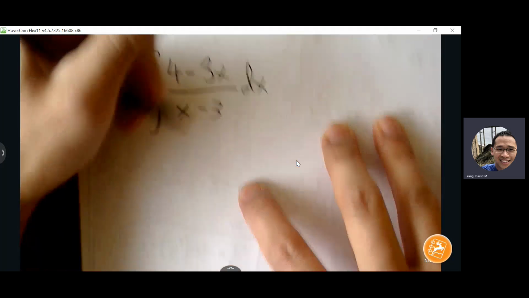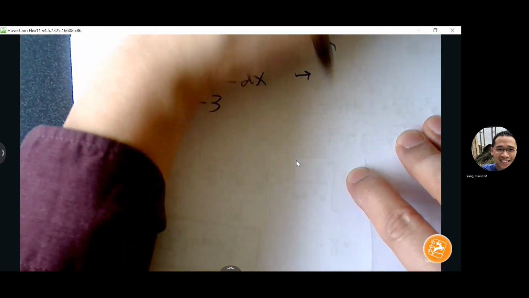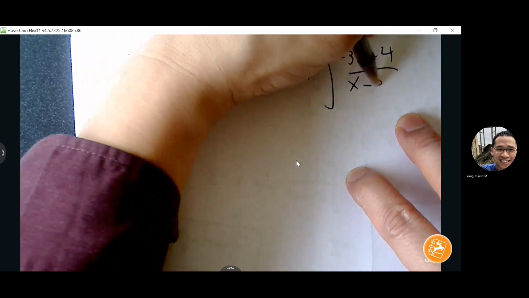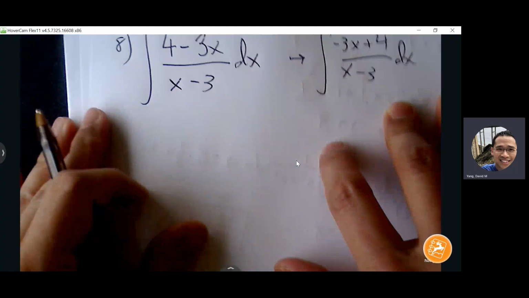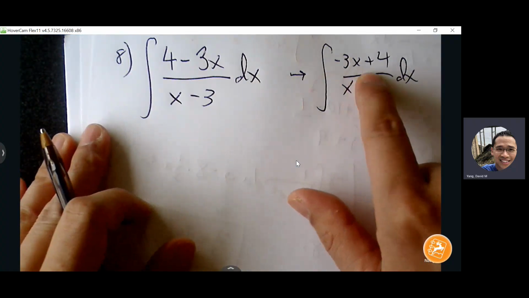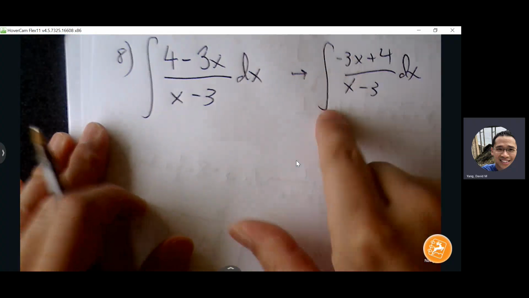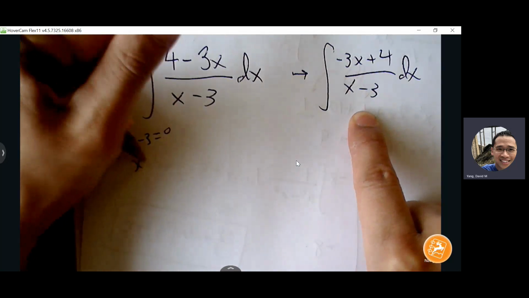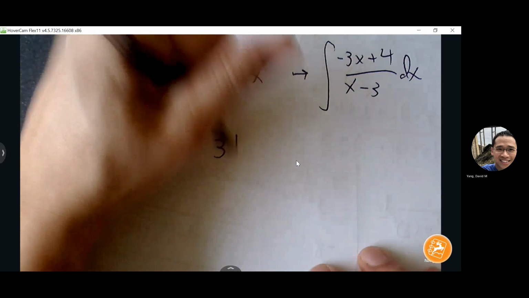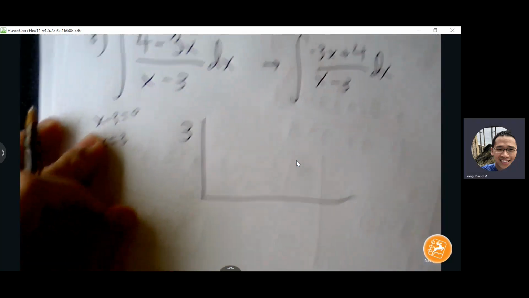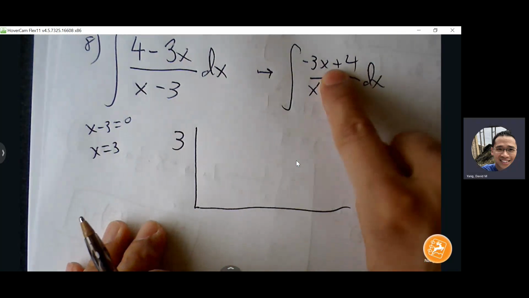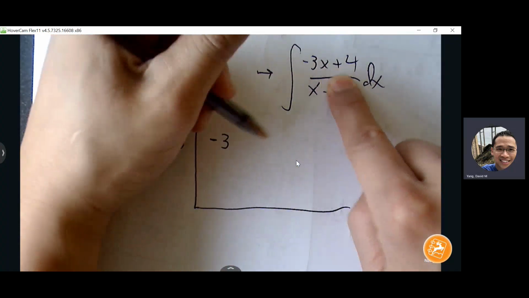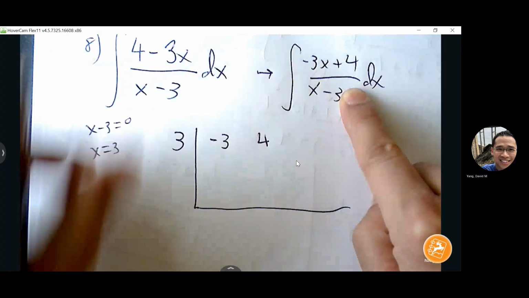We can do that. Let me rewrite this problem, though. Maybe this is easier to work with so that we can get that numerator. We want that degree to be decreasing here. So we start off by setting our denominator equal to 0. This will be a short synthetic division here. -3 for my degree 1, 4 for my constant.